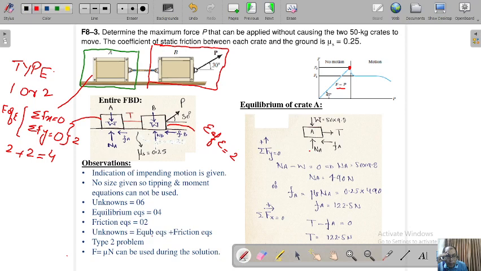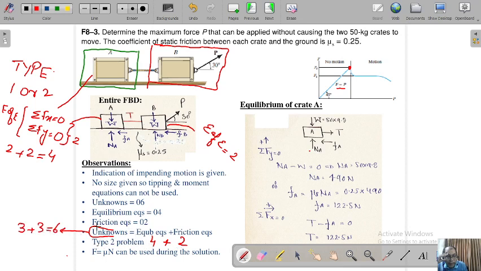How many equilibrium equations? 4, plus how many friction equations? 2. Unknowns: 3 plus 3, which is 6. So 4 plus 2 is 6.